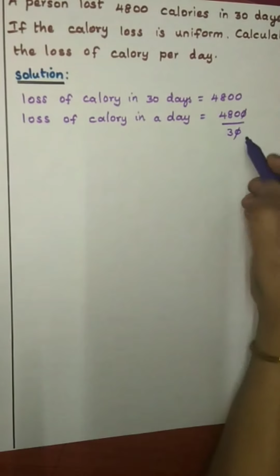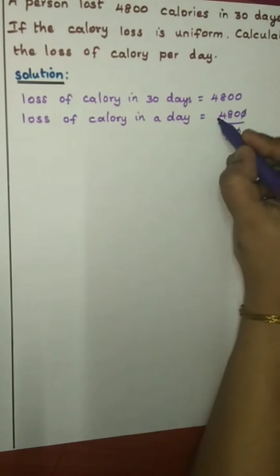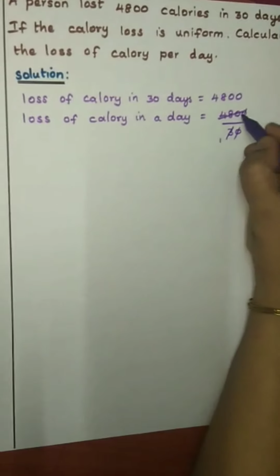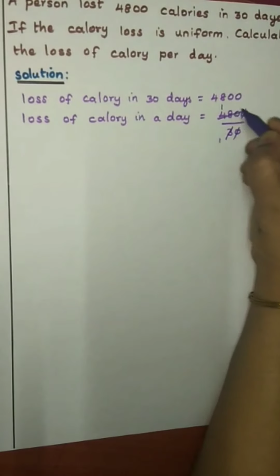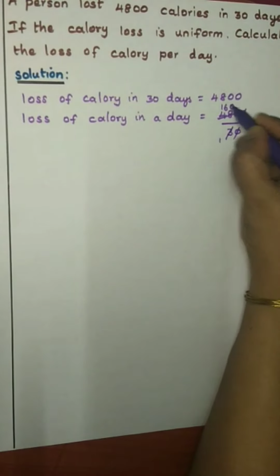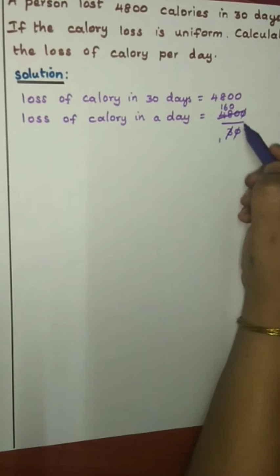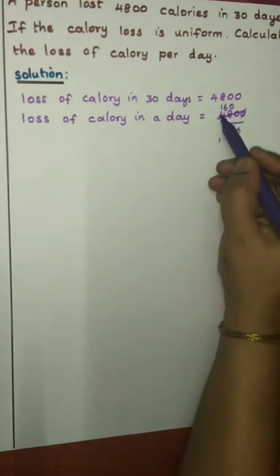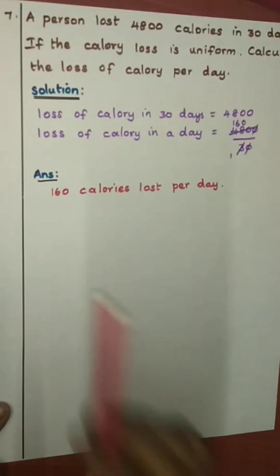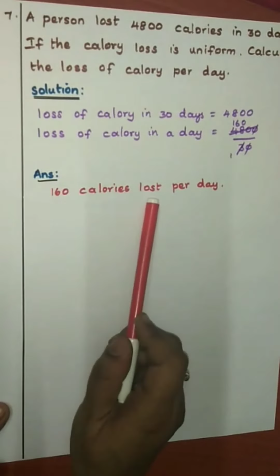So 0 get cancelled. How many times 3 goes in 480? 1, 6, 0. So 160 times it goes. So 160 calories lost per day.